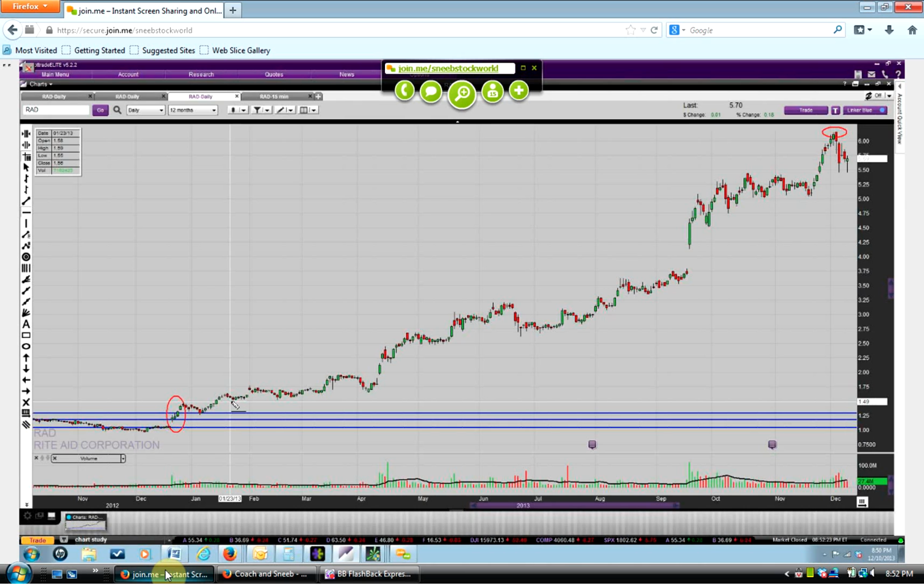Two ways. We bounce, we get that first green candle. What are we going to say right away? What's the first thing we're going to tell ourselves? It made a higher low.